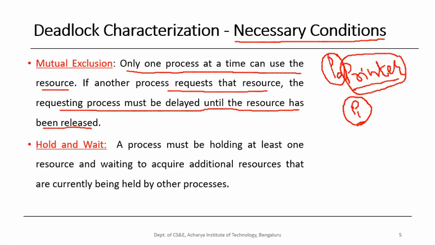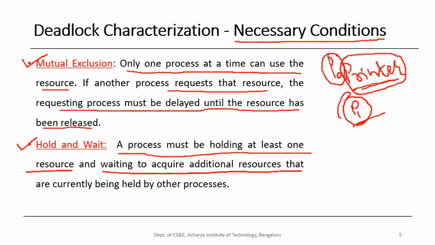So if P0 is using the printer and P1 requests it, P1 has to wait till P0 completes its operation with the printer and releases it, right? That's what is known as mutual exclusion. So there has to be mutual exclusion. This condition has to be satisfied, and there has to be hold and wait. A process must be holding at least one resource and waiting to acquire additional resources that are currently being held by other processes.